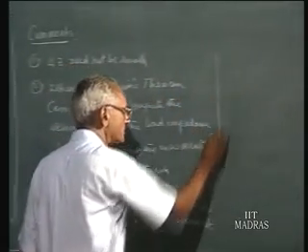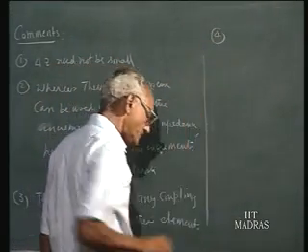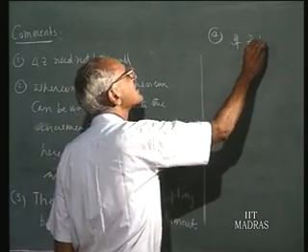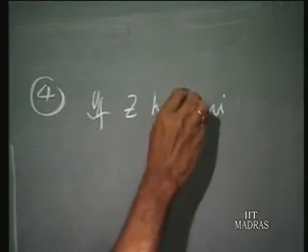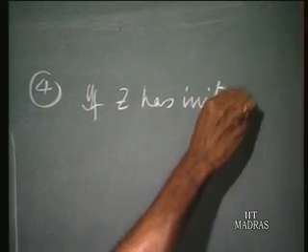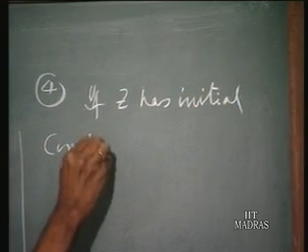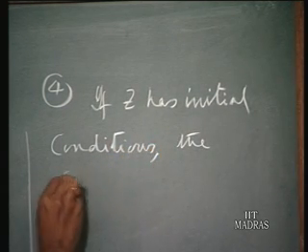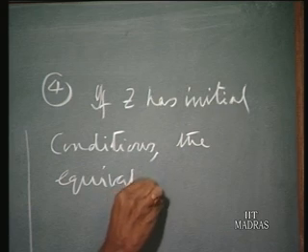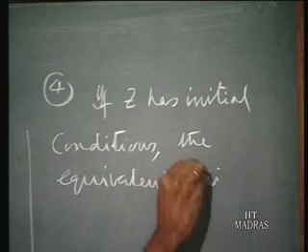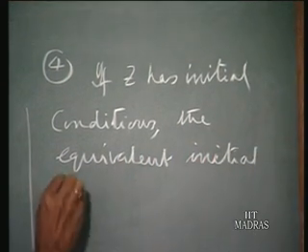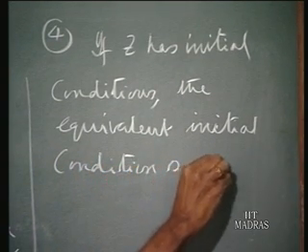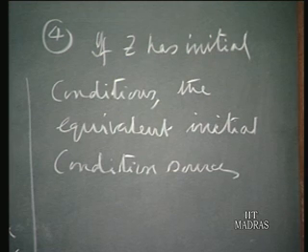The fourth point, if the original impedance Z has initial conditions, the equivalent initial condition sources remain the same.